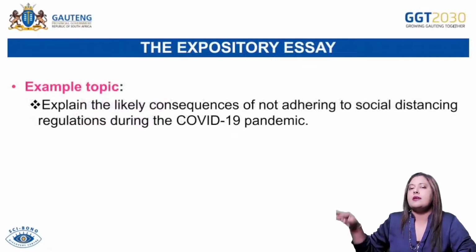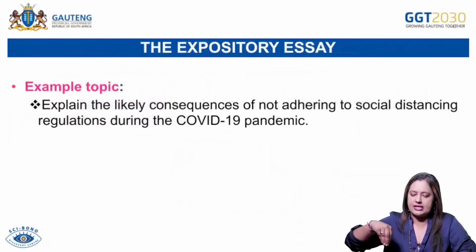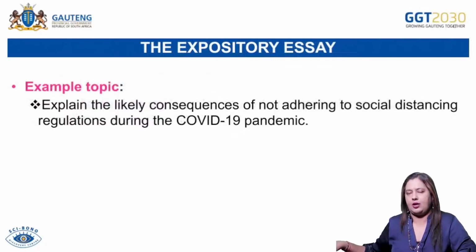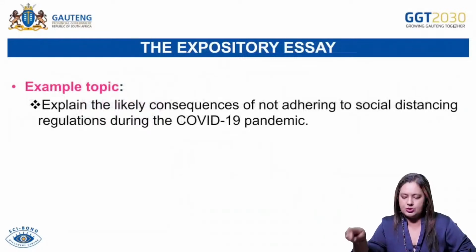So there's symptoms that are similar to the COVID virus that we did experience or pandemic, and now these kind of things we want to talk about. So don't even be too concerned with COVID words here, right? But the consequences of not adhering to social distancing regulations.